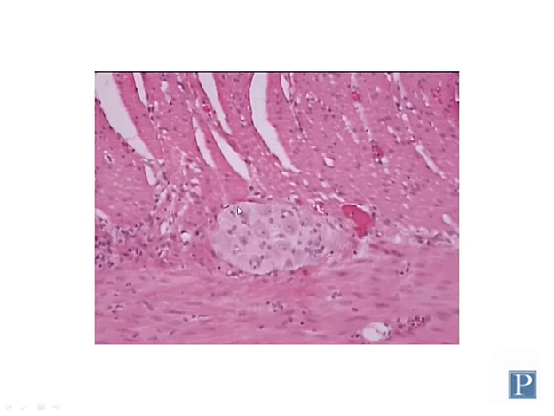Another obvious difference between parasympathetic and sympathetic ganglia, besides their location, is their size. Parasympathetic ganglia are much smaller, as you can see here. And in addition, parasympathetic ganglia are not encapsulated, so they have no connective tissue capsule, whereas sympathetic ganglia have a thin connective tissue capsule.